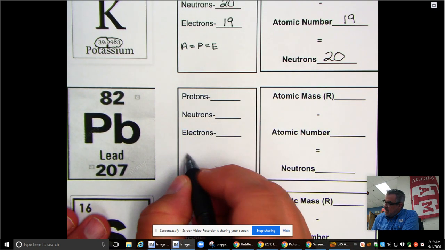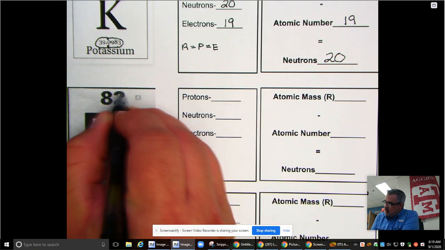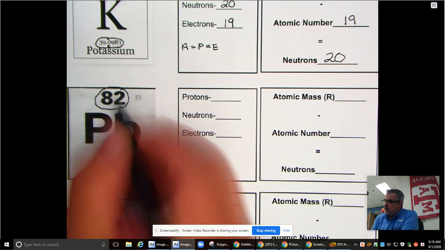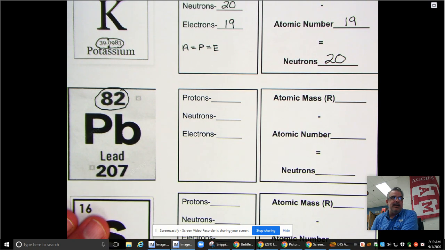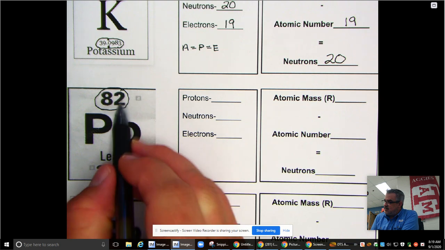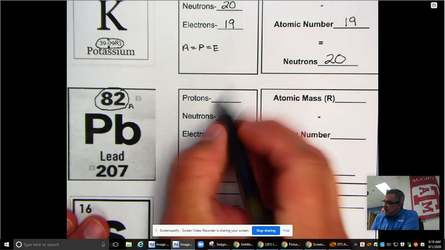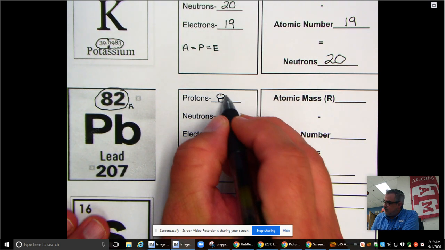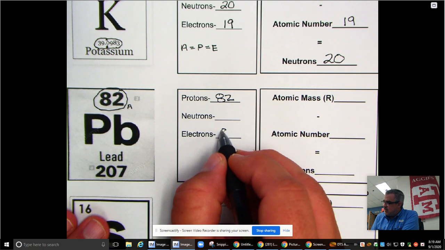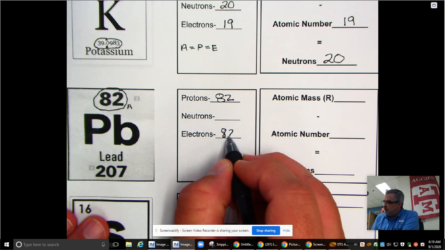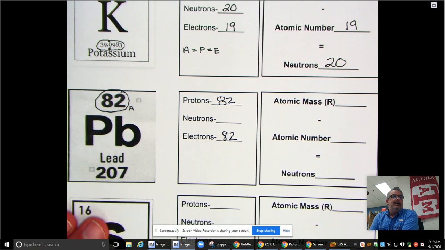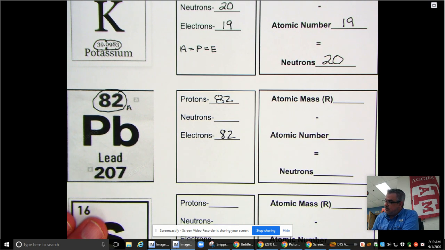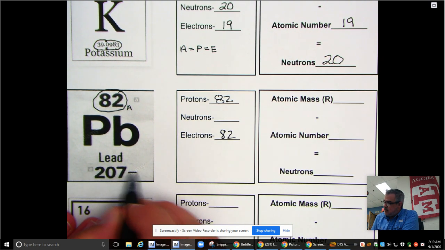So again, APE MAN, A, its atomic number, is right here. Remember, A equals P equals E. So if this is A, then P has to be 82, and E has to be 82. All right. Now, to figure out the neutrons, we take the mass number right here.